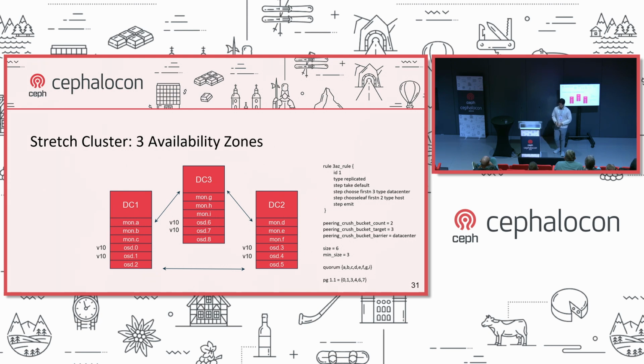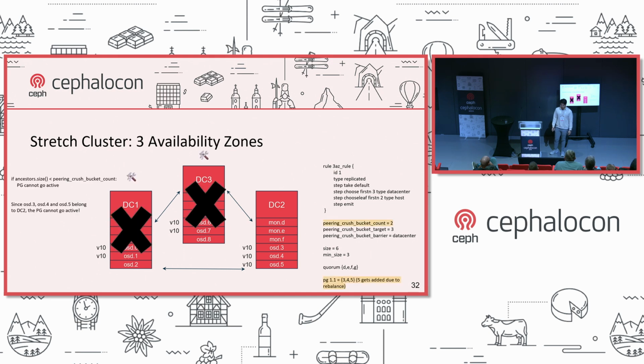Let's run through the same scenario that we did. Say DC1 and DC3 go down. We set the peering crush bucket count to 2, meaning we need at least 2 distinct data centers in the acting set for us to go active. In this case, the acting set might choose OSD 5 to be the candidate.